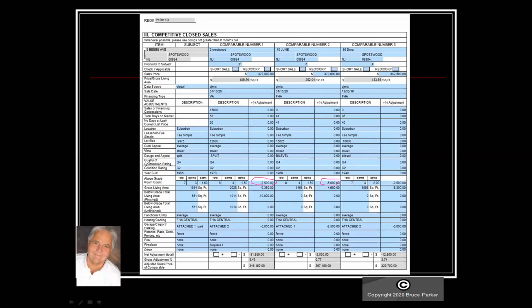Because I know about what a house that has 8 rooms versus 7 rooms sells for differently. As long as you're close and as long as you're consistent, then it's okay. There are also charts, and if you ever attend one of the all-day classes on how to do appraisals that a couple of guys give, they'll give you the chart that shows you what to make for adjustments for these kinds of things.